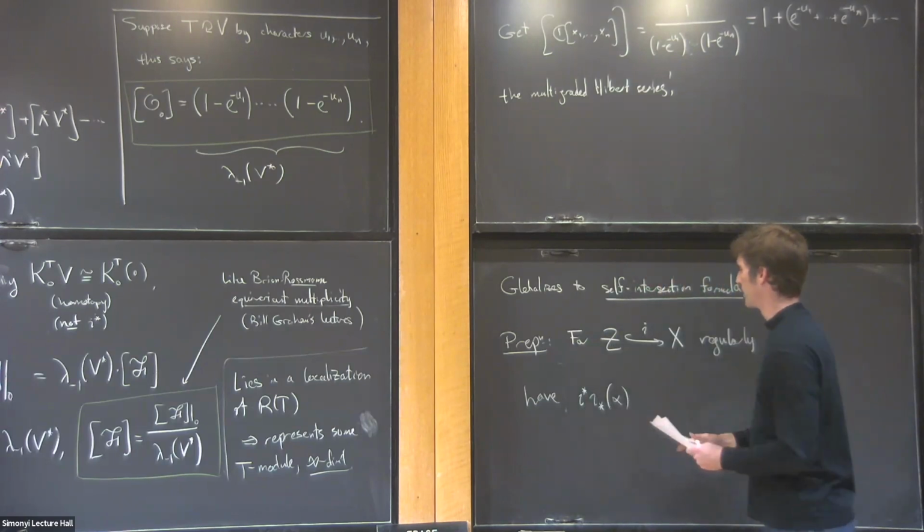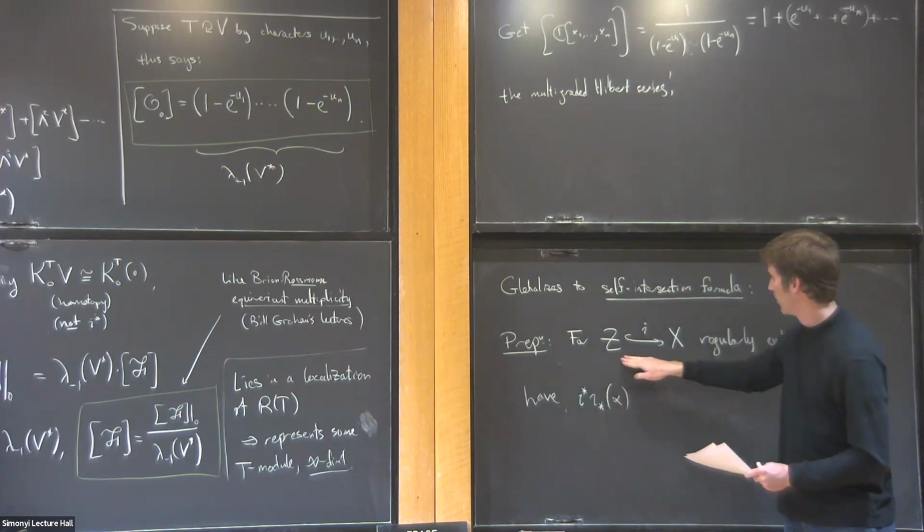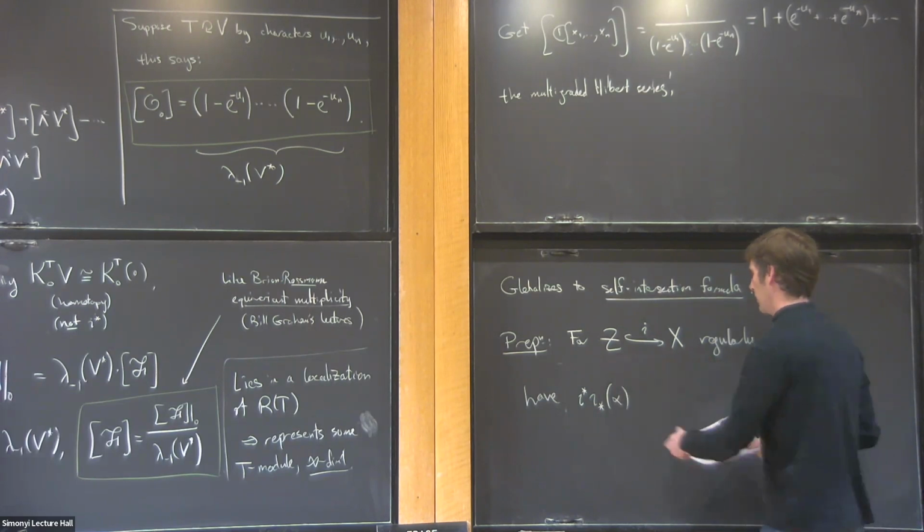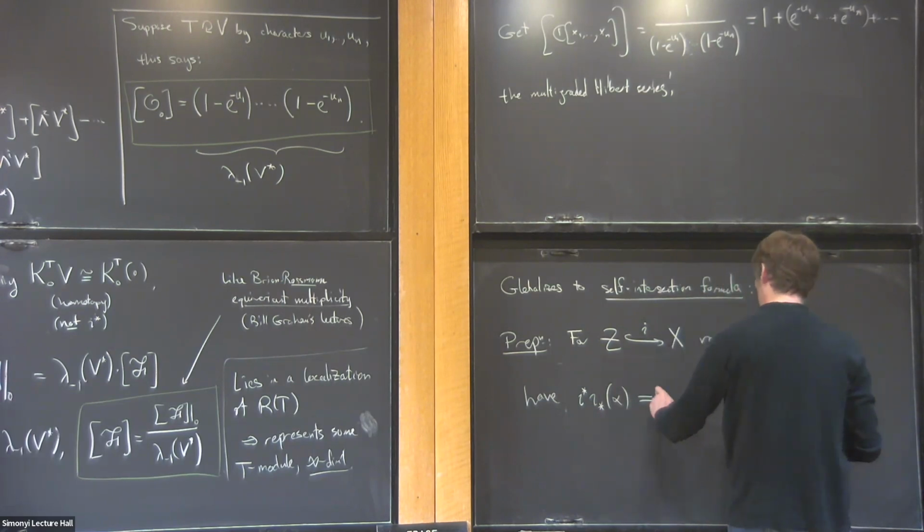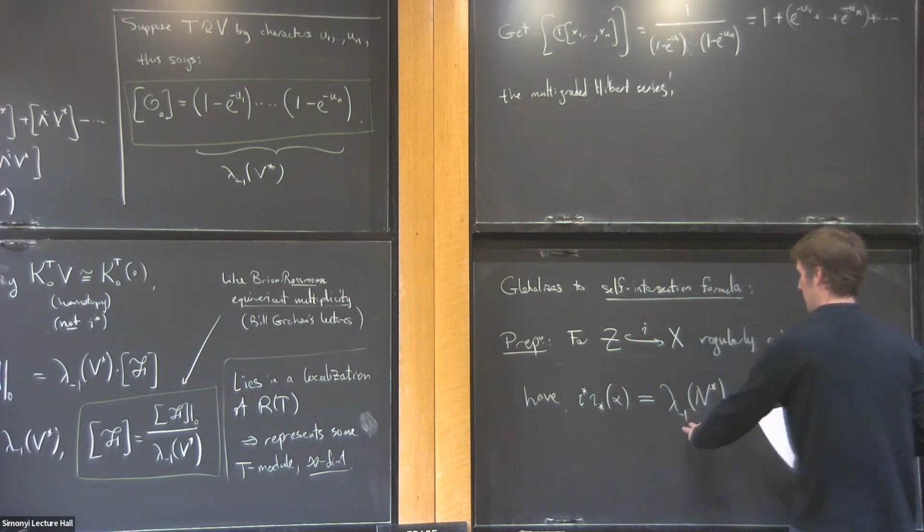The self-intersection formulas are always about taking a class in here, pushing it forward, and pulling it back. This isn't a surprise because I told you to expect this to play the role of the top Chern class.